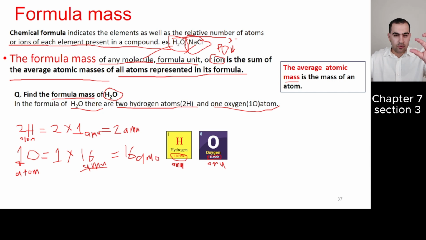Now we know the mass of 2 hydrogen and 1 oxygen. The total, the formula mass, is the sum of the average atomic masses of all atoms in the formula. We have 2 hydrogen and 1 oxygen.